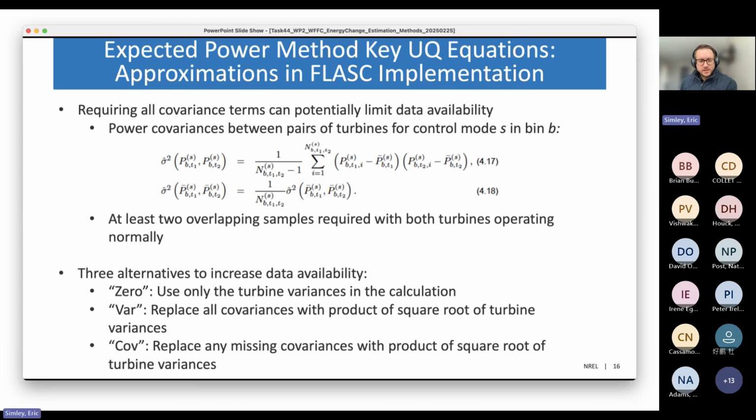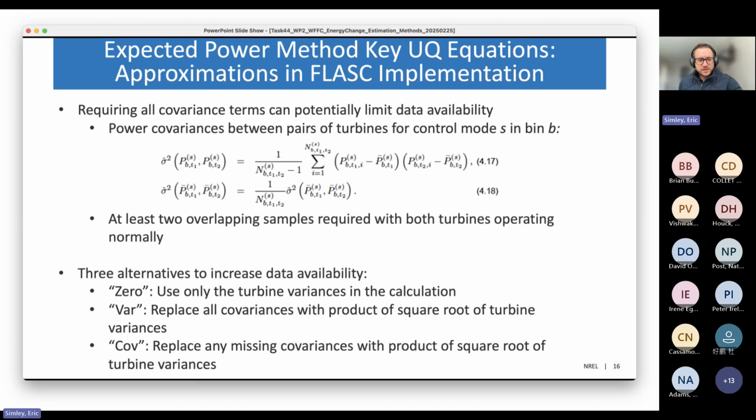And then the method I've normally been using, we call the covariance option, where when possible, we compute the covariance between a pair of turbines in a particular wind condition bin. But if there's not enough data, then we use the product of the variances of the individual turbines.